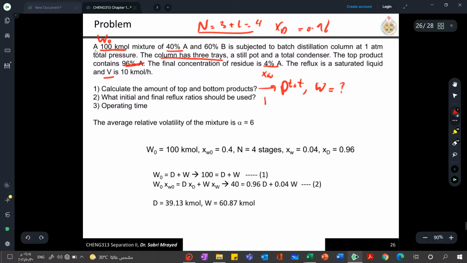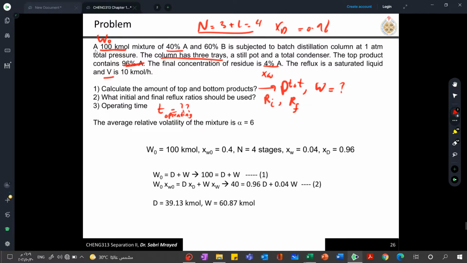He wants R initial and R final. And the third one is the operating time. He wants you to find the time of operating. So let's go through it one by one, step by step.